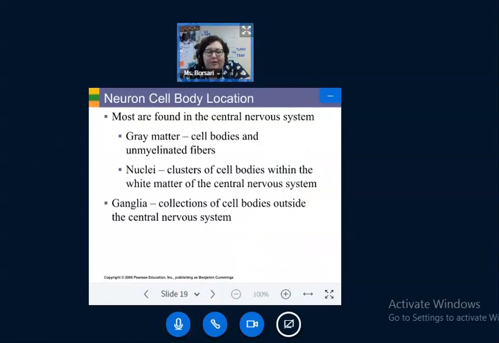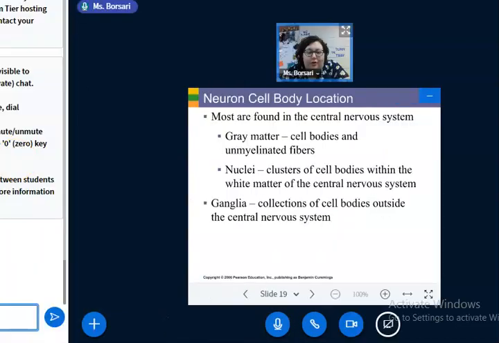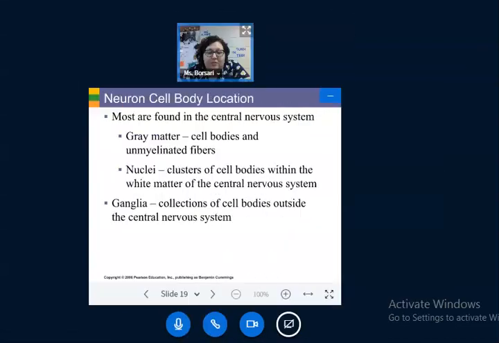All right, so where we find our neurons, most of the time this is going to be found in the central nervous system. So those neurons are wrapped in myelin sheaths from the oligodendrocytes. In the gray matter, however, we've got our cell bodies and unmyelinated fibers.